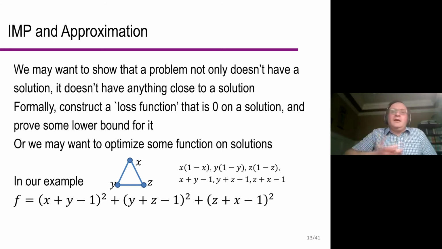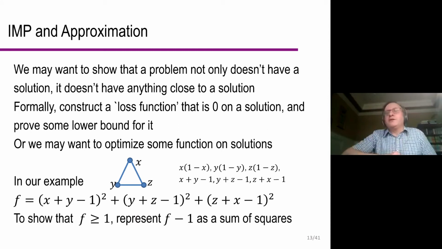And then if I can prove that this function is always at least 1 when x, y, z are 0s and 1s, then I'm golden. I've proved that not only is there no solution, but I can only get fairly far from a solution. So what people have been using quite a bit is exactly this approach, and how we prove that our function is at least 1 is we would subtract 1 from it and represent it as a sum of squares.